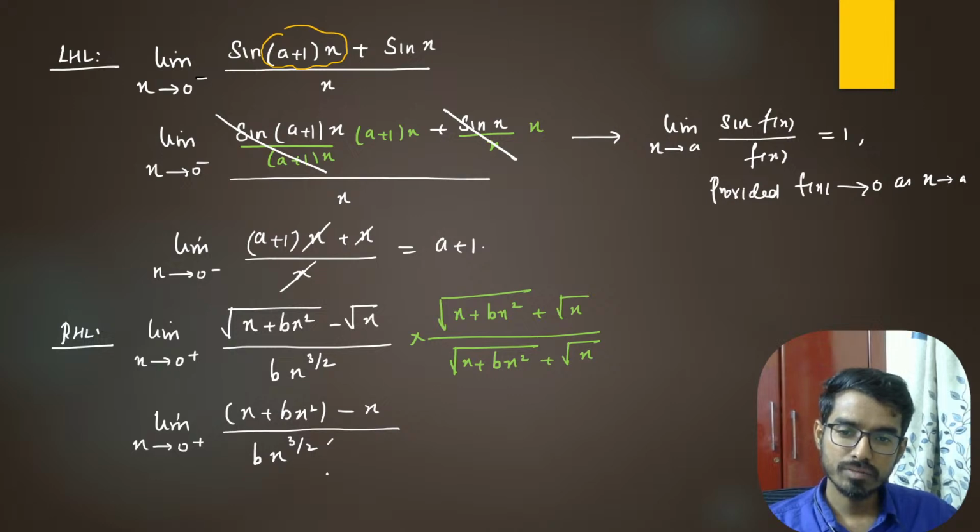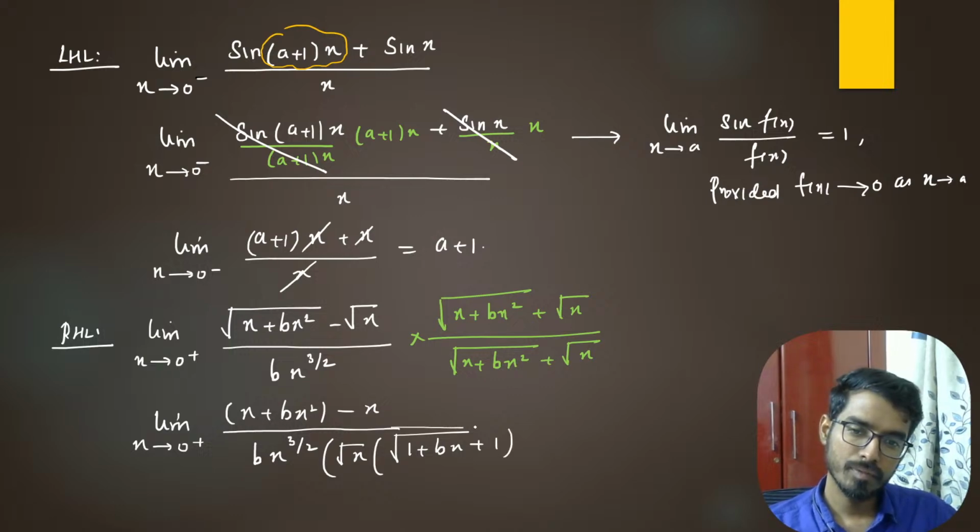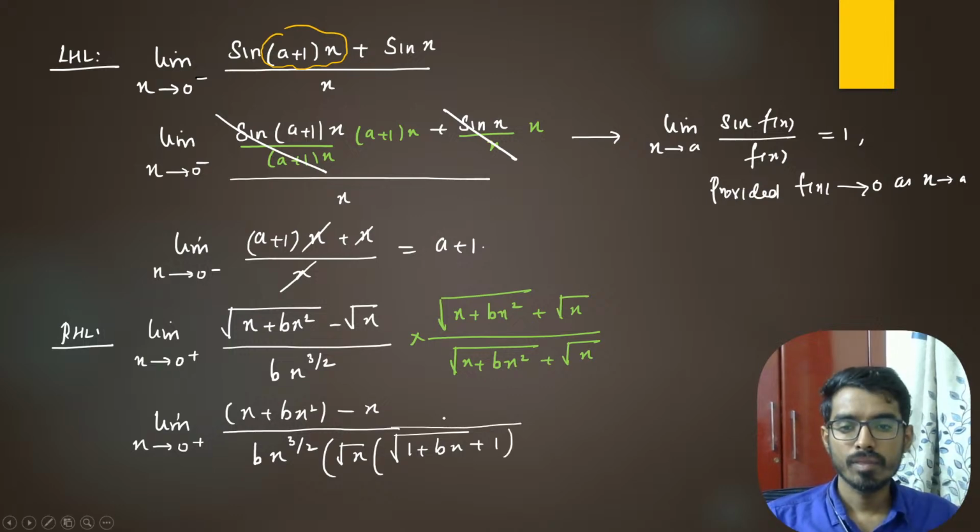What I'll do is, let us take root x outside. So if I take root x outside, what will you have? This will be root of, if I take root x outside, 1 plus bx plus 1. Yes or no? If I take x outside here, 1 plus bx.